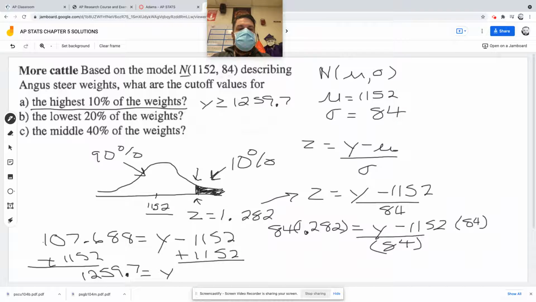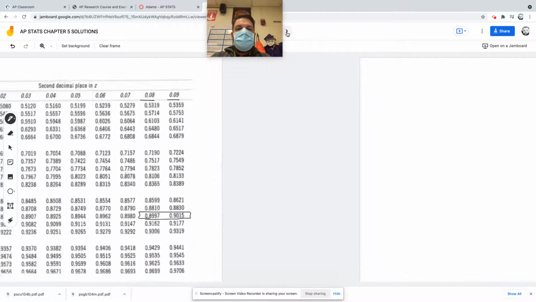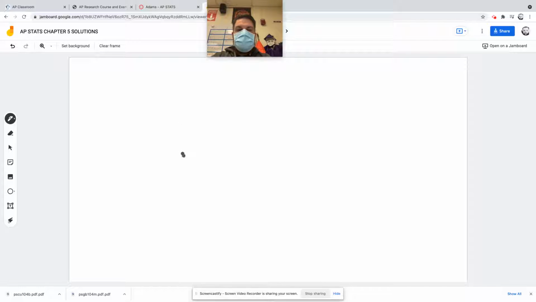All right, so now part B wants us to go ahead and do the same thing, but at 20%. So we're going to do the same thing. So remember that I'm going to draw here because we're running out of space. Normal distribution. I'm going to have to get an image because my freehand is not the greatest.